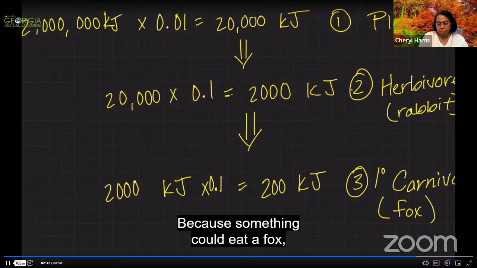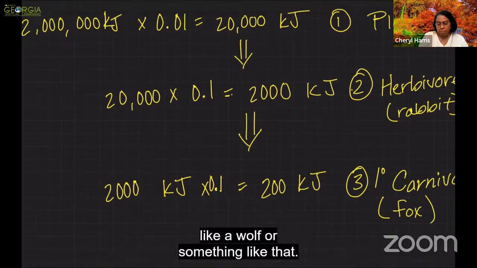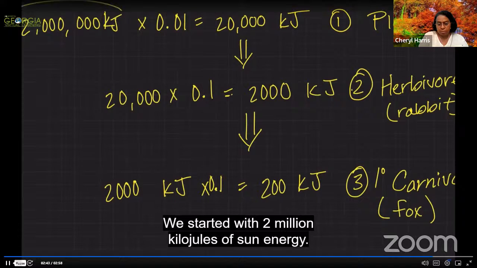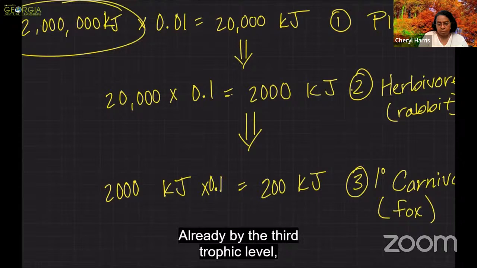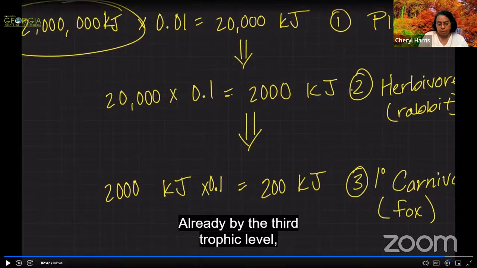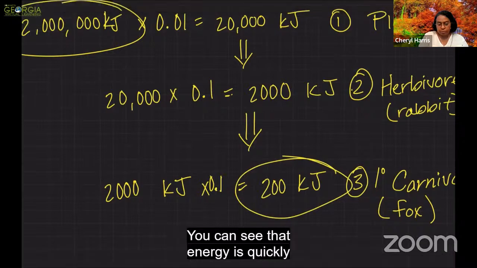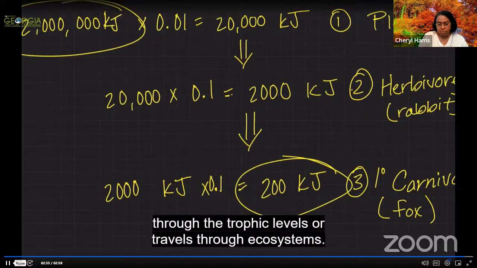Because something could eat it, like a wolf or something like that. But you can see we're going to quickly run out of energy. We started with 2 million kilojoules of sun energy, and already by the third, you can see that energy is quickly lost as it travels through the levels. Okay, so I'm going to pause it there.